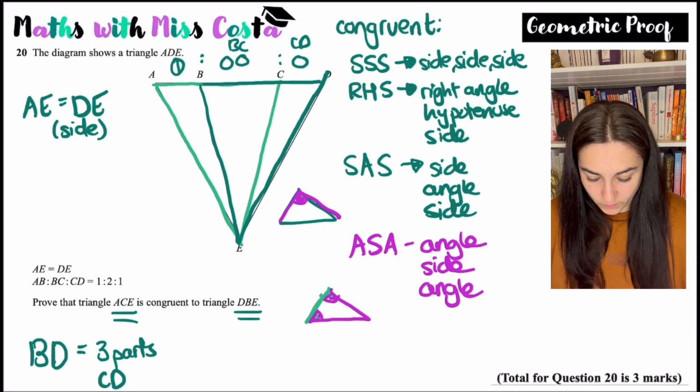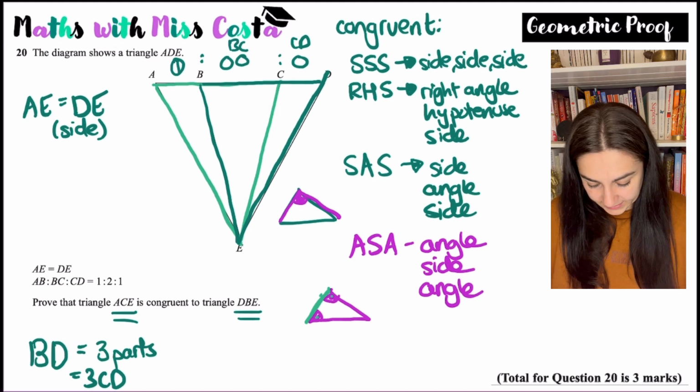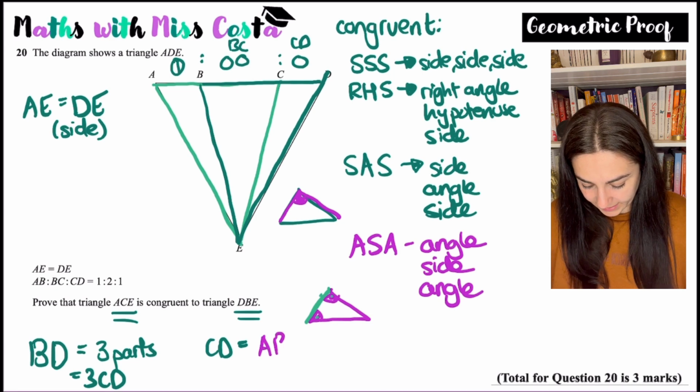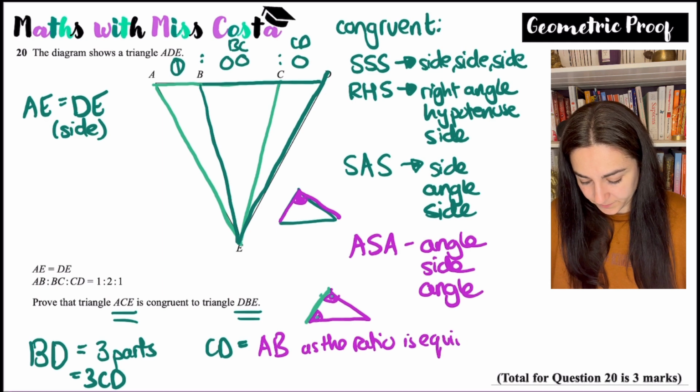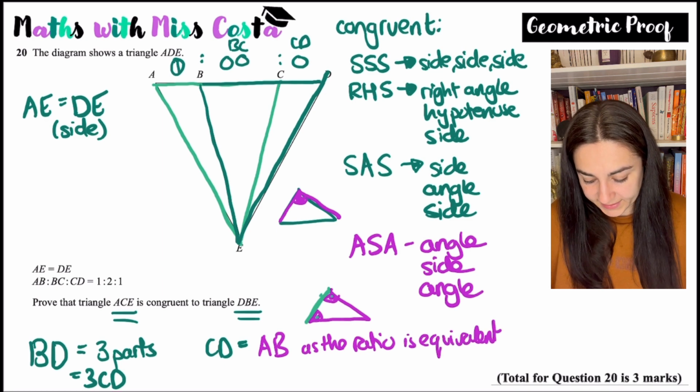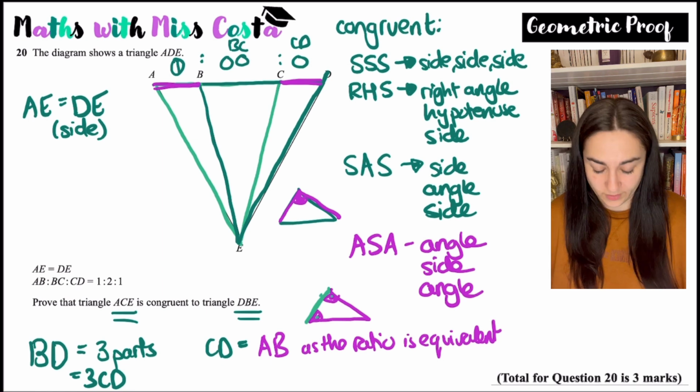So therefore, in total, the line BD is 3 lots of CD. And I know that CD, the line CD, must equal AB, as the ratio is equivalent. So if this is equal to 1 part, this must also be equal to 1 part, therefore they're equal.